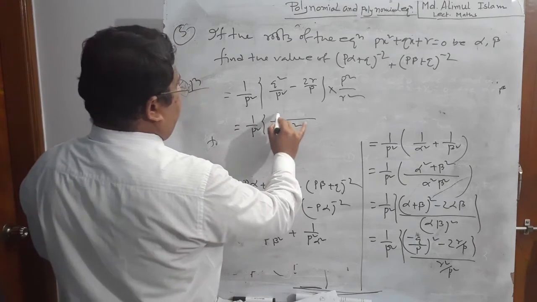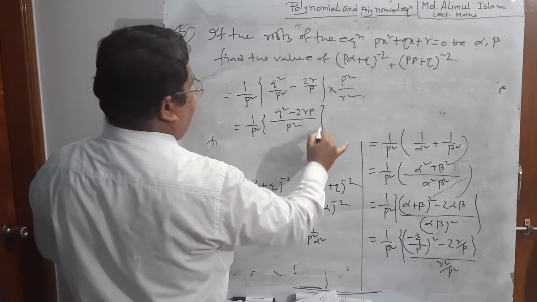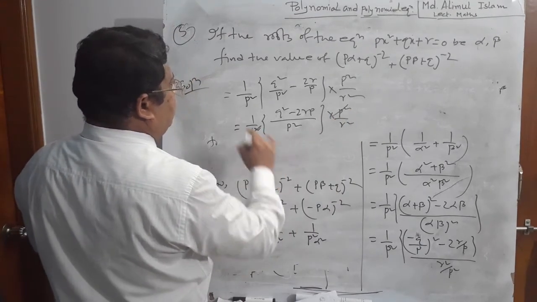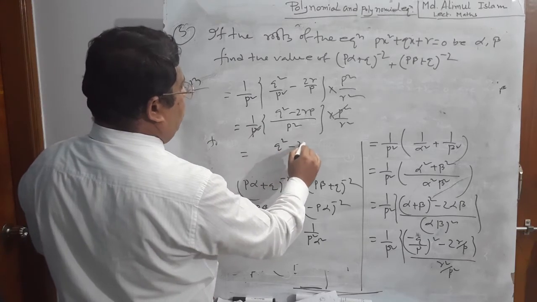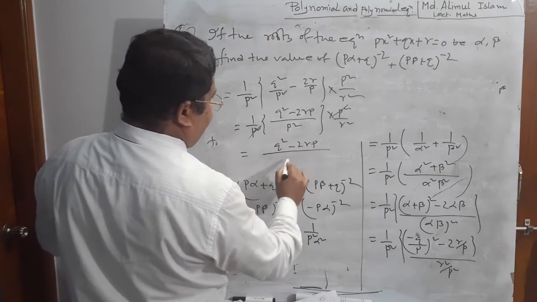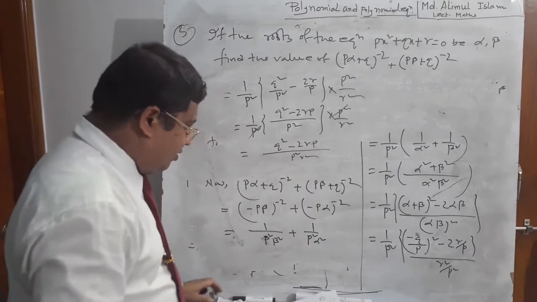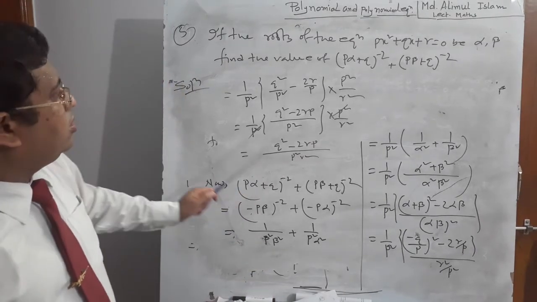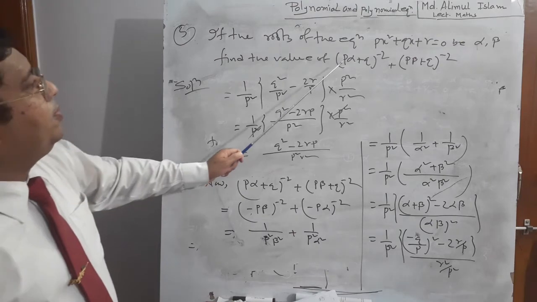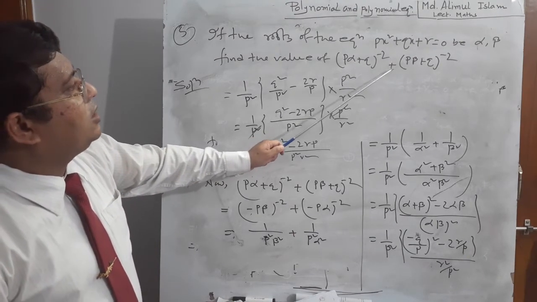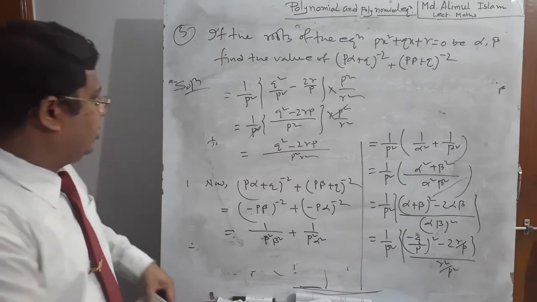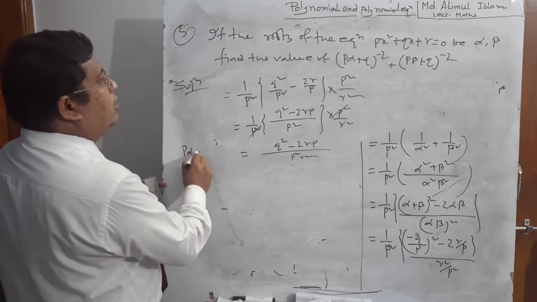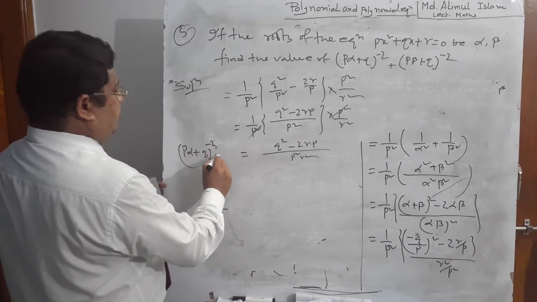You write (q² − 2rp) by p²r². This is the relation. After this calculation, you know the value of (pα + q)⁻² + (pβ + q)⁻² is this relation.